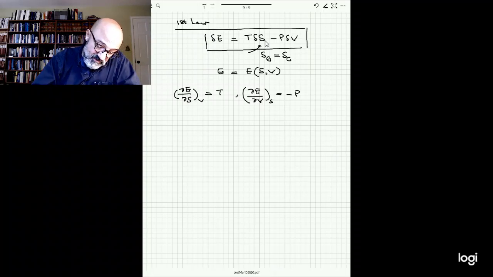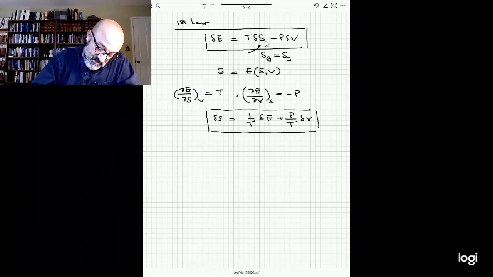And you can do the same thing in a language of entropy. We can actually write that dS is equal to 1 over T dE, get the PdV onto the other side, plus P over T dV.